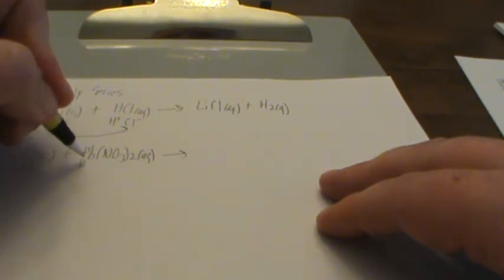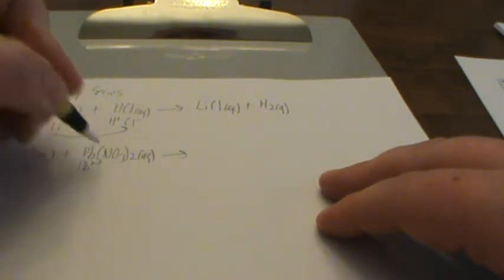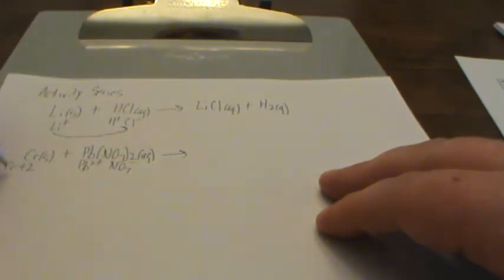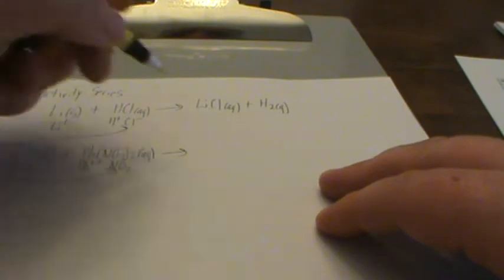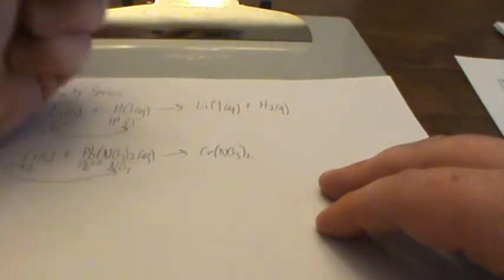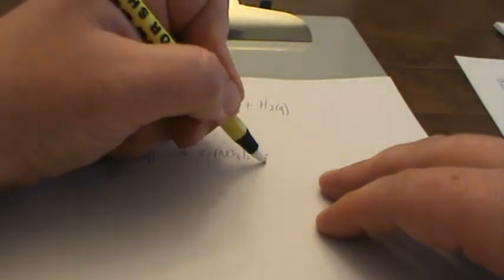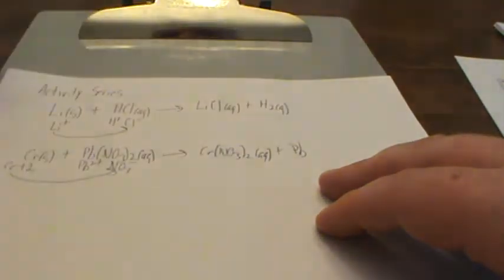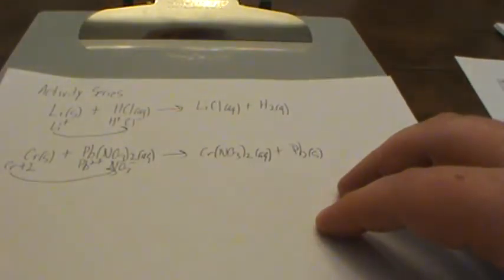Lead, in this case, +2 charge. Nitrate, -1. So the chromium goes with nitrate. So we're going to get Cr(NO3)2, and all nitrate compounds are aqueous, plus lead is going to be by itself, so it's going to be in the solid form.